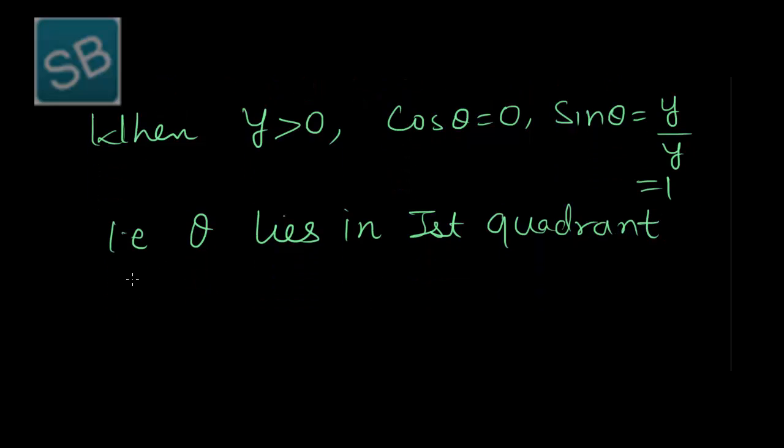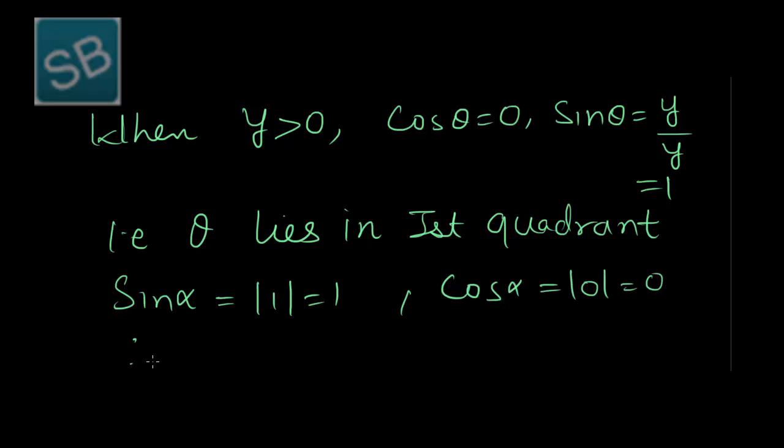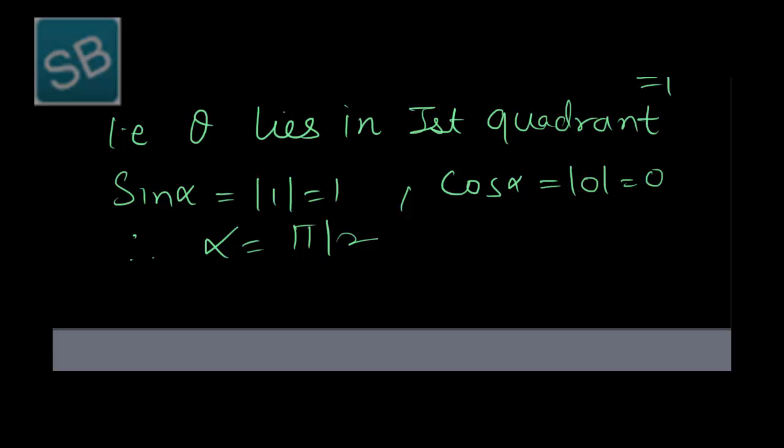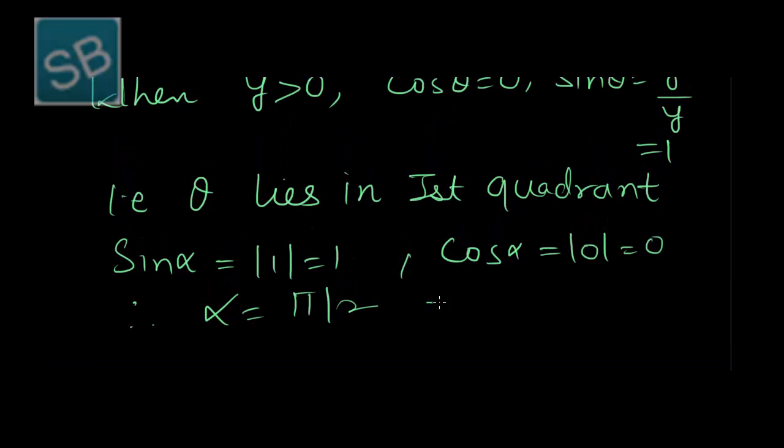That is, we can define sin alpha, that is mod 1, that is 1, and cos alpha mod 0, that is 0. Therefore alpha is equal to pi by 2. Therefore theta is equal to pi by 2. We have sin alpha is equal to 1 and it is at the angle of pi by 2.